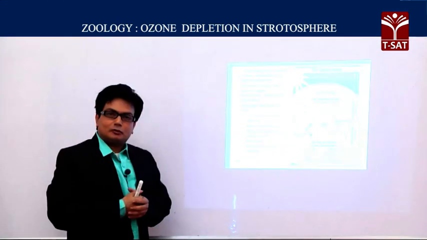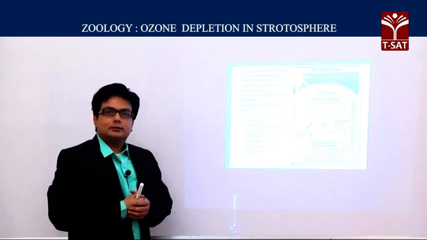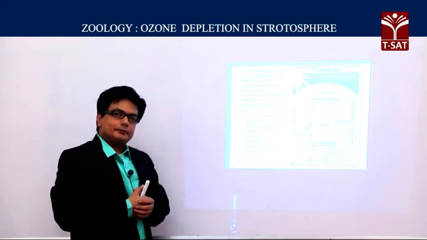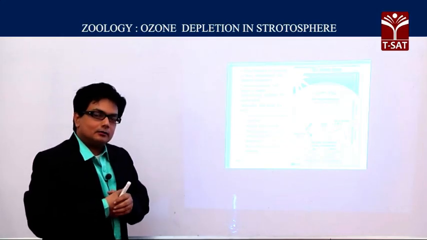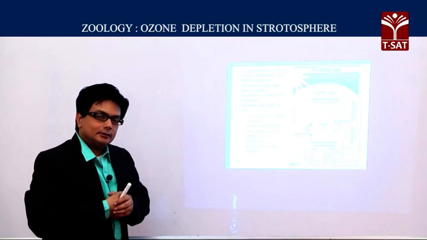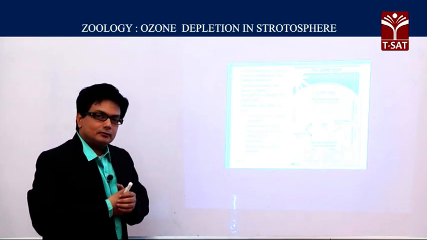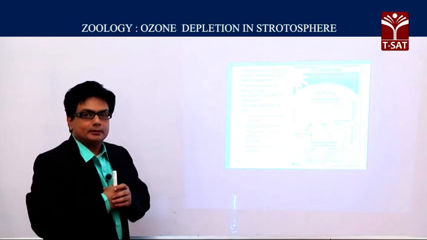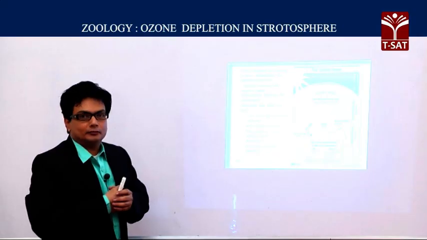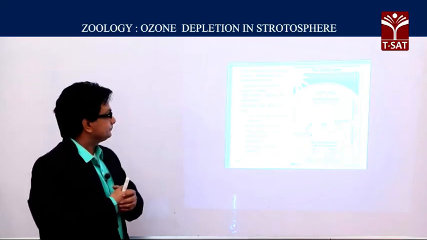The hazardous effects of UV on living organisms. We have just now seen how the Cl can cause a cascading effect of continuously removing the ozone and allowing the harmful UV into the Earth's atmosphere, that is the troposphere.